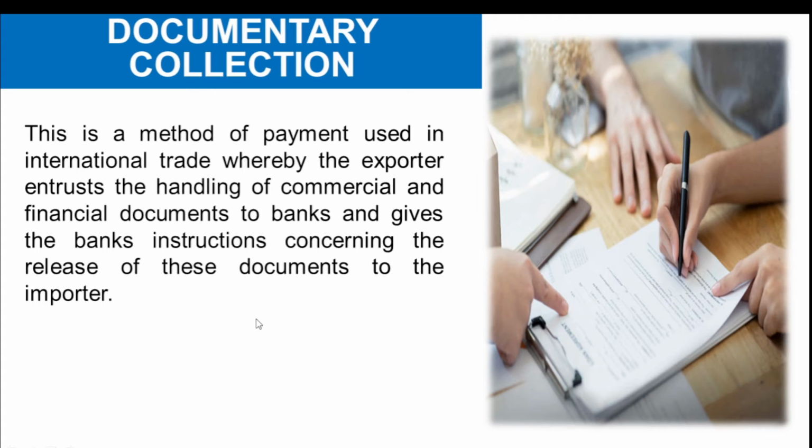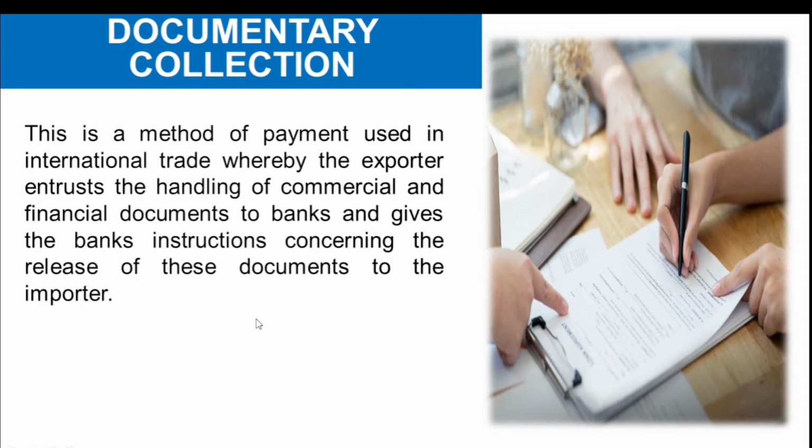Now, the seller will be giving all these documents to the bank. Where is this bank located? This is located in the exporter's country only, or we can say it is the exporter's bank or seller's bank. So the seller will be giving all these documents to the seller's bank. The seller's bank will be handling those documents and making a covering schedule according to the seller's instructions. What instructions can the seller give?